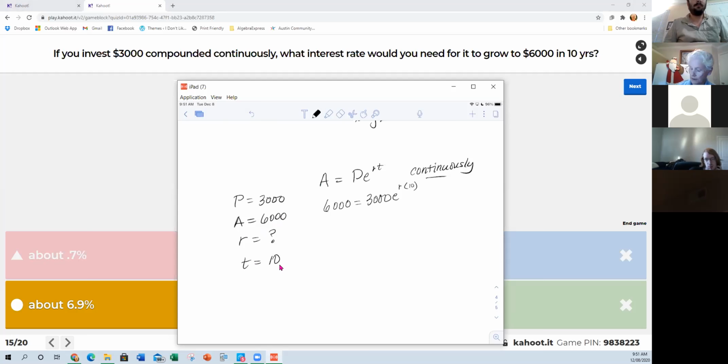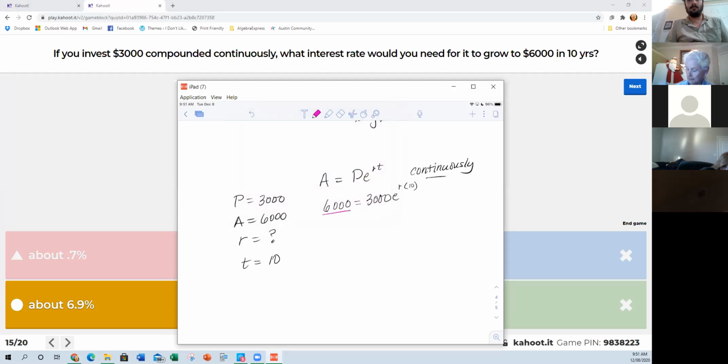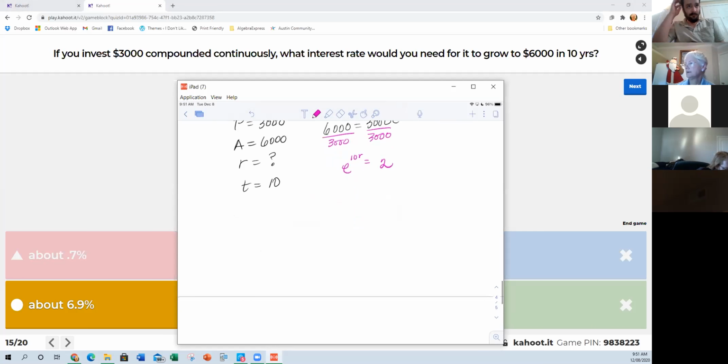The first thing we'd want to do is divide both sides by 3,000. And that gives me e to the 10r equals 2. So if I take the ln of both sides, that gives me 10r equals ln 2.